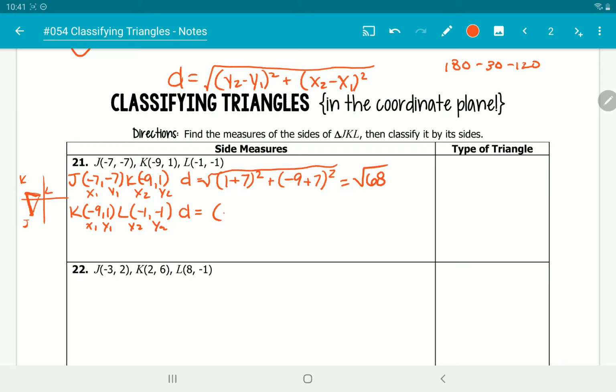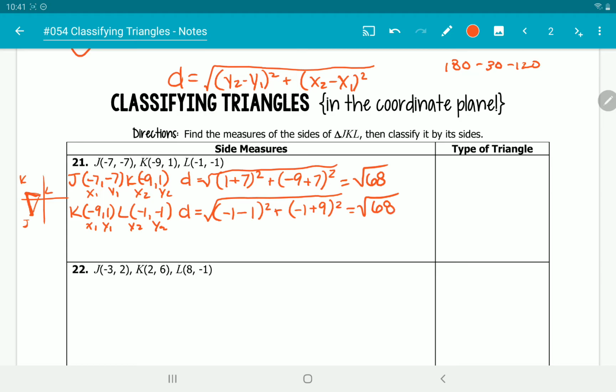So y2 is -1 minus y1 is 1 squared plus x2 is -1 minus x1 is -9. So we'll switch the sign to a +9 squared. Again, type this -1 minus 1, so -2 squared plus 8 squared into the calculator, and you're going to get, once again, 68. You're just going to put that under the square root sign.